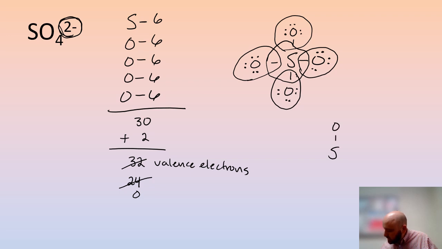Rewritten for clarity, we have 4 oxygens singly bonded to a sulfur atom, and each of the oxygens has 6 non-bonding electrons.